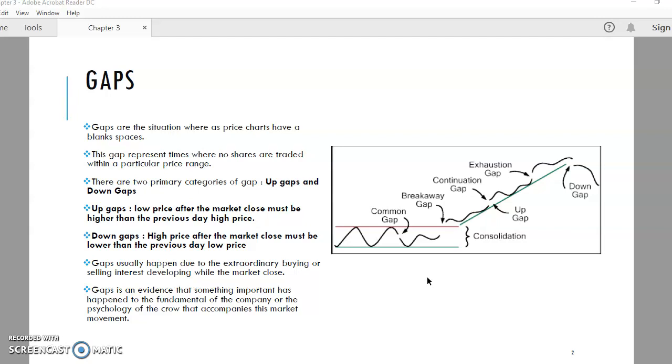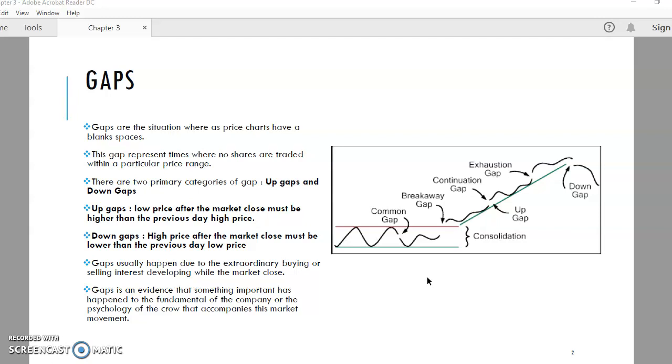Okay, so normally, I will give you an example of a gap up. When the market opens in the morning, we always refer to the previous close price. For example, if the previous close price is 2 ringgit and the next day the market opens at 2 ringgit 50 cent, then we call that situation a market open with a gap up.